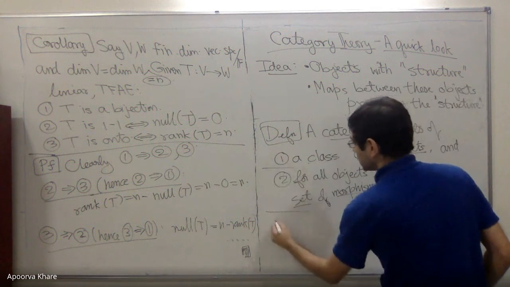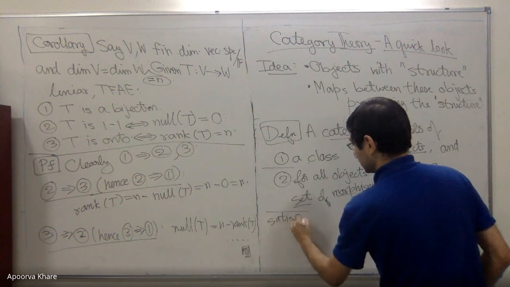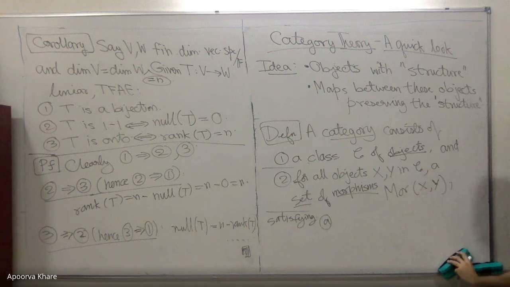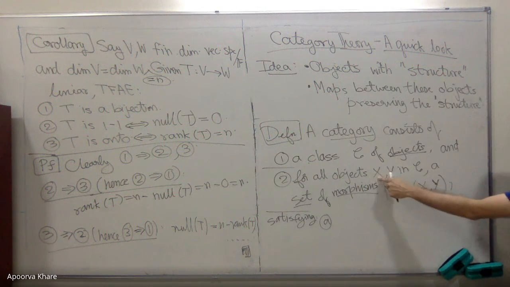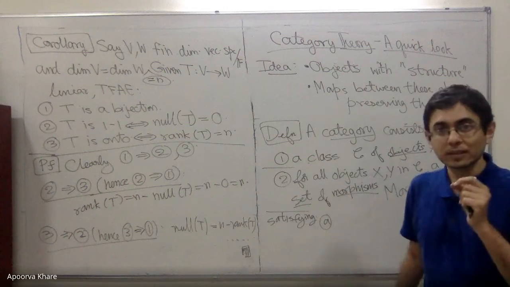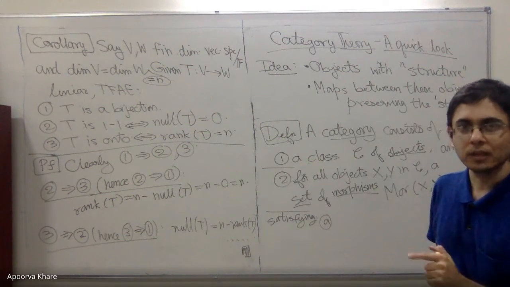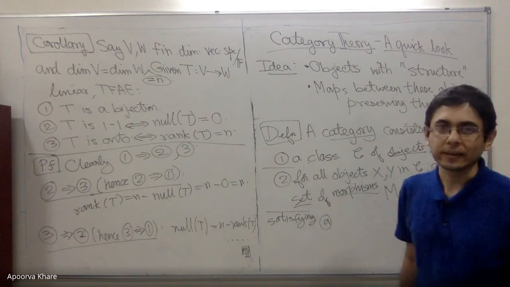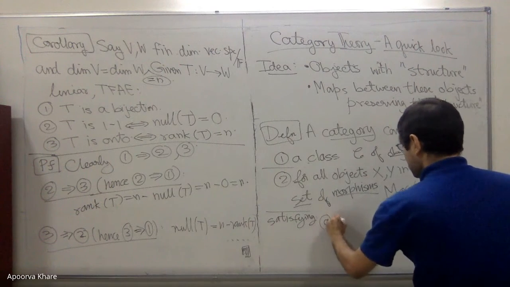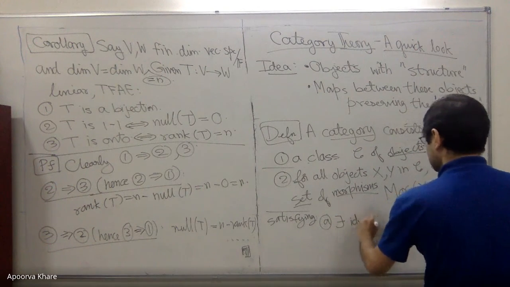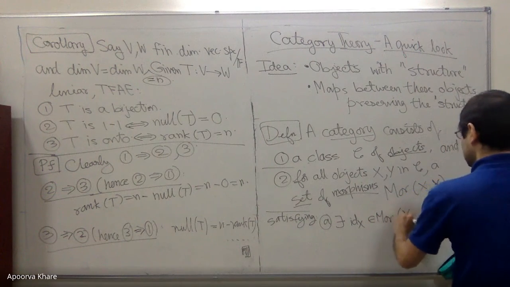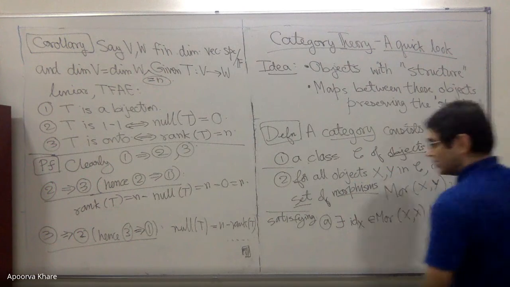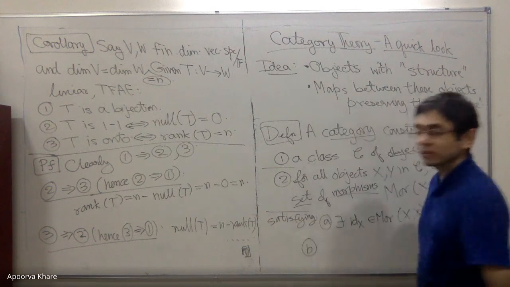1 and 2, satisfying two things. One is that for all sets X and Y, I can take Y to be equal to X. If I take Y to be equal to X, then necessarily that set of morphisms is non-empty, because it has to contain at least one map from X to X. That map is called the identity map. There exists an identity map in Mor(X,X) for all X in C. And second, the morphisms have to compose.